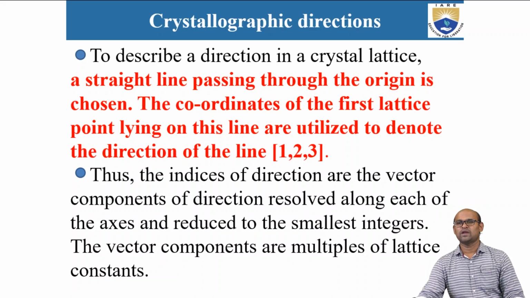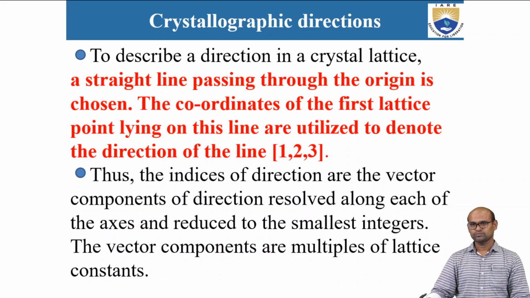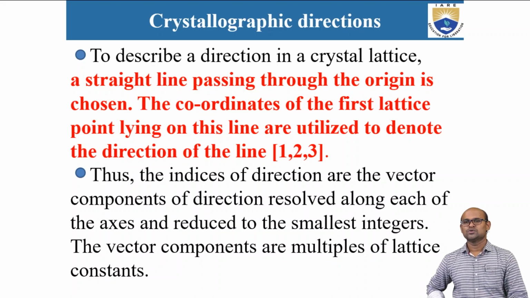Thus the indices of direction are the vector components of the direction resolved along each of the axes and reduced to the smallest integers. The vector components are multiples of lattice constants. We will understand this clearly as we go on. So whatever direction we write, we are writing some integers to denote the direction.